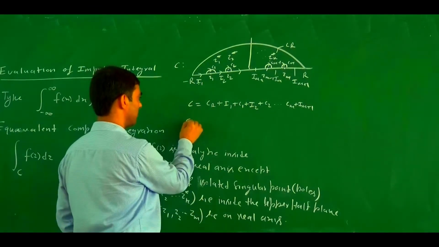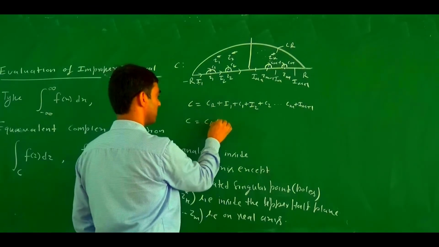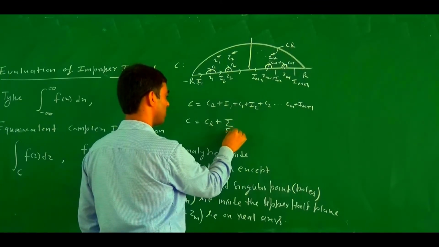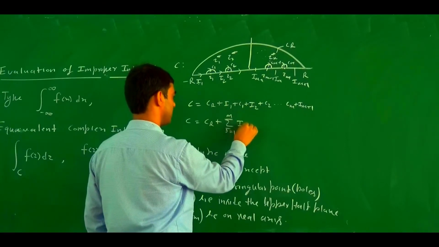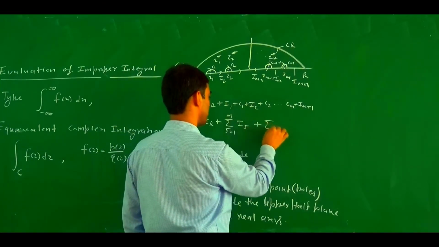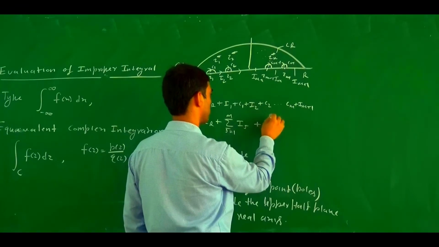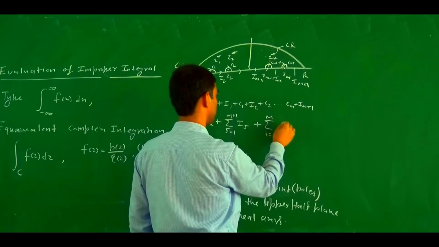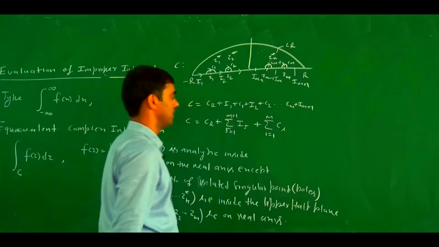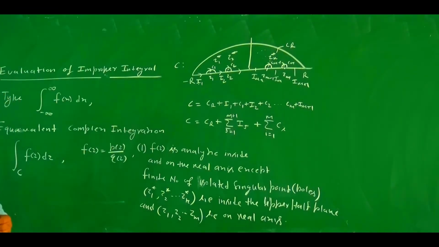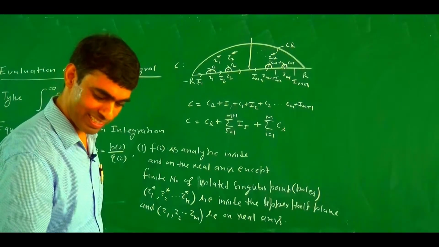We may write this as CR plus the summation of Ij, j equal 1 to m plus 1, plus the summation of Ci, i equal 1 to m. This is the value of C.